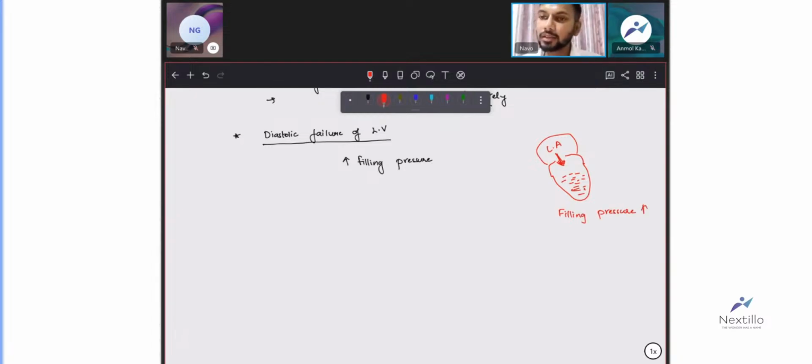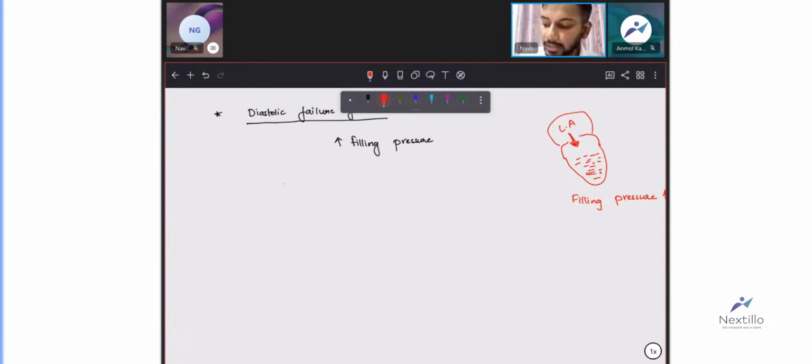So there is an increase in filling pressure. How will you know what filling pressure is? It is basically easy. Filling is happening during diastole. So filling pressure is equal to diastolic pressure. So we take the LVEDP. What is the meaning of this?